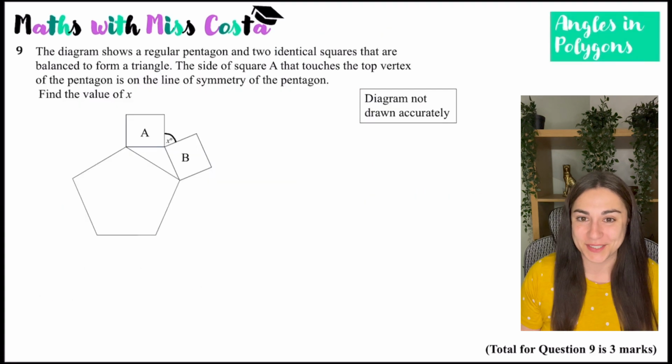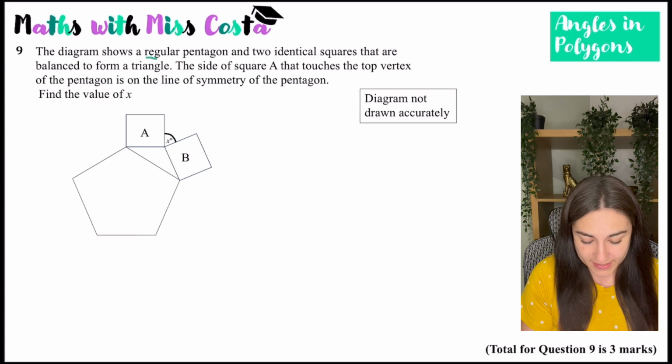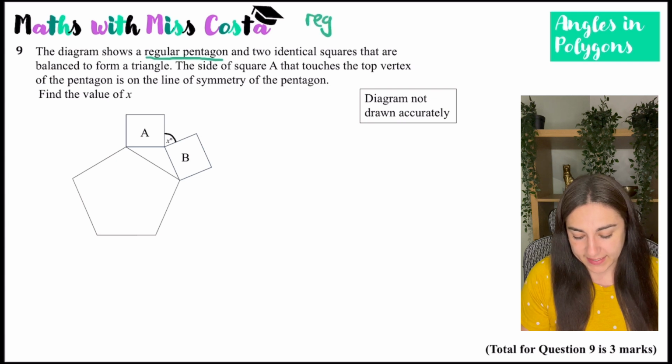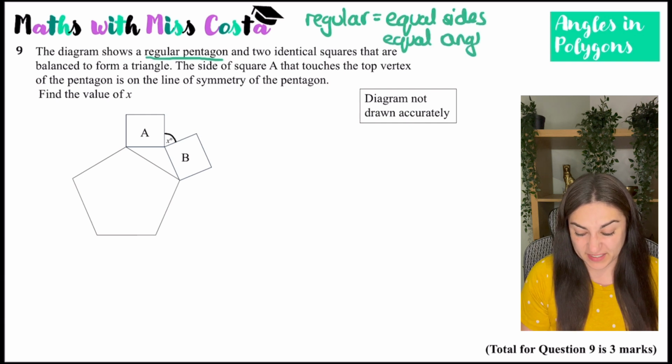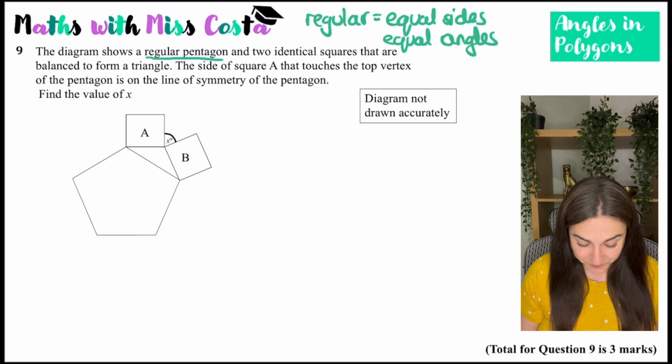Okay, so polygons question, and polygons are super fun. So let's see what's happening. So I'm told that the diagram shows a regular pentagon. Regular is a key word because it tells me that it has equal sides and all equal angles. So that's really important because it means I can work things out.